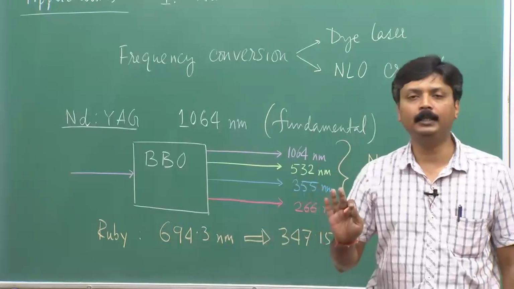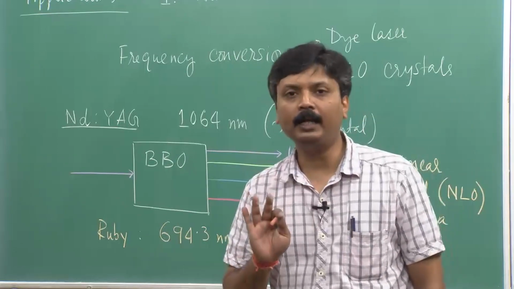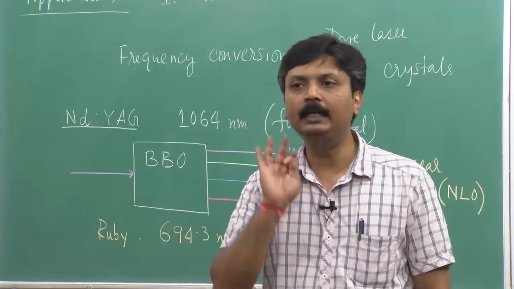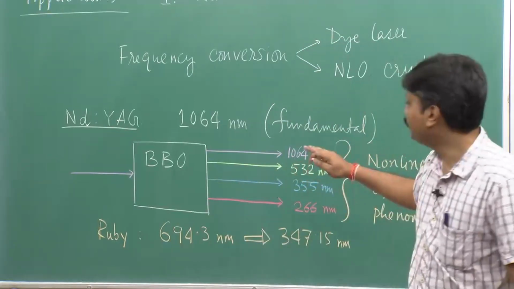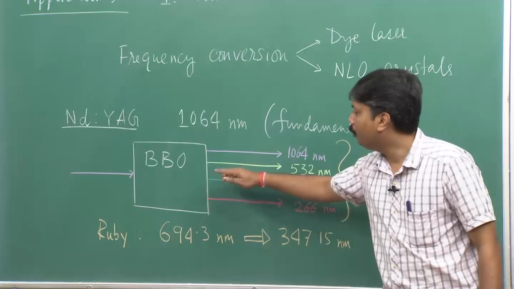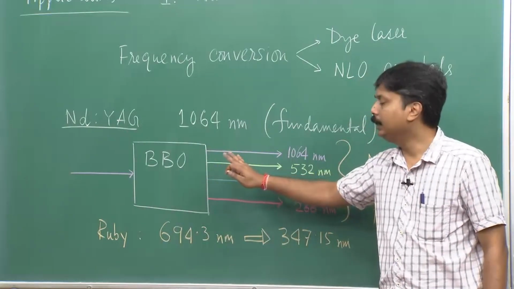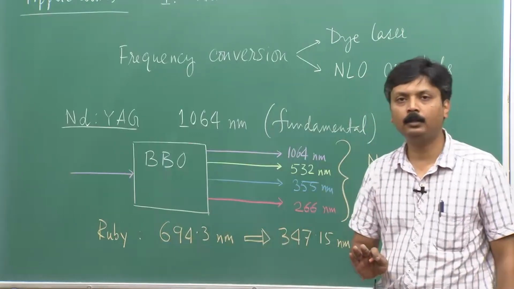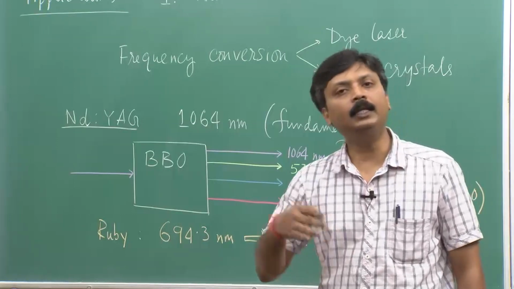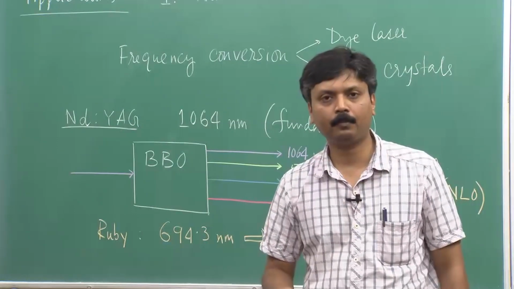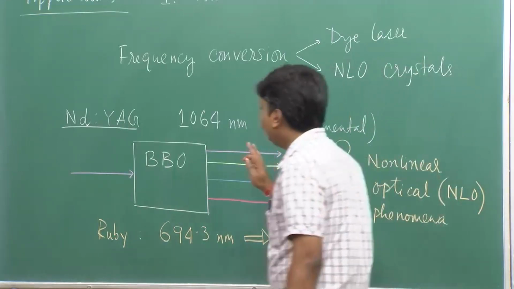The advantage is that the properties of the laser light are intact. The light that comes out from this nonlinear optical medium is coherent, it has directionality, and it still has high intensity. So it possesses all the properties of a laser light.